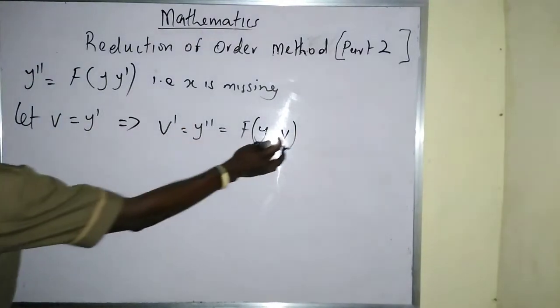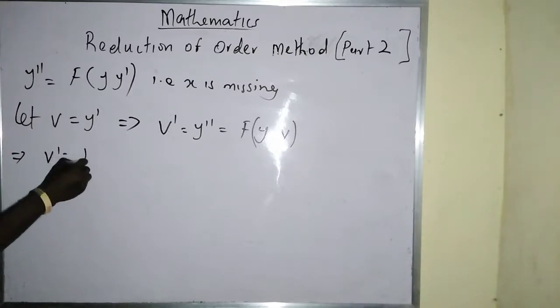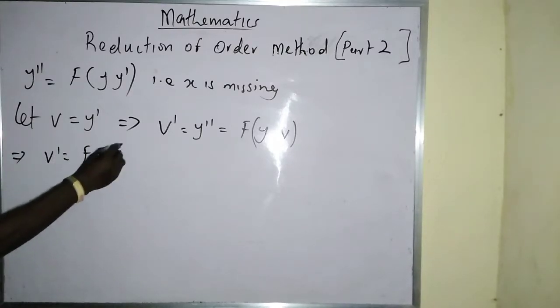It means this will represent v prime. That is all about this. Now, which can also imply my v prime will be equal to a function of u of v.